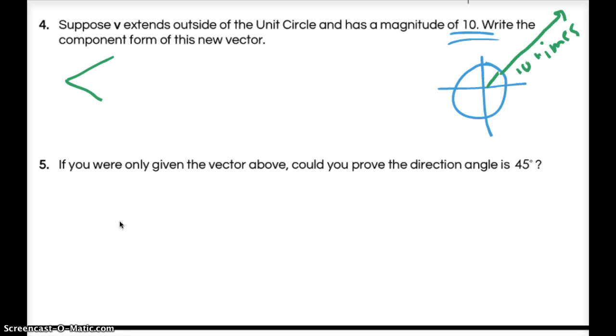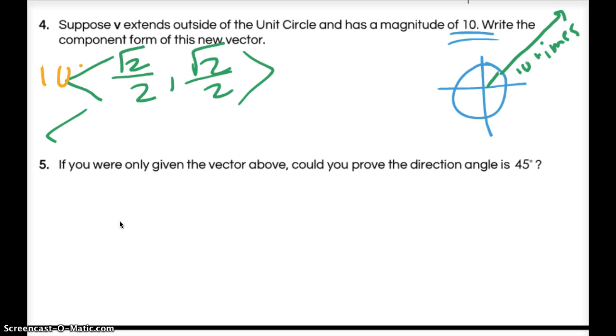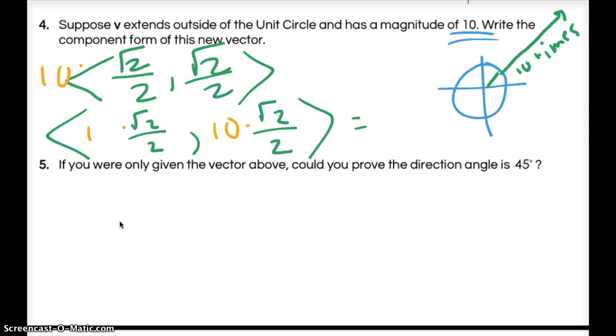So if I knew my vector was rad 2 over 2, rad 2 over 2, I want this to be 10 times bigger. So what I would calculate is 10 times rad 2 over 2 and 10 times rad 2 over 2. What does that give me?